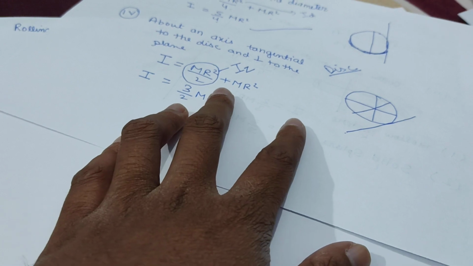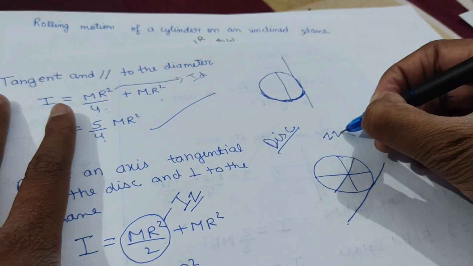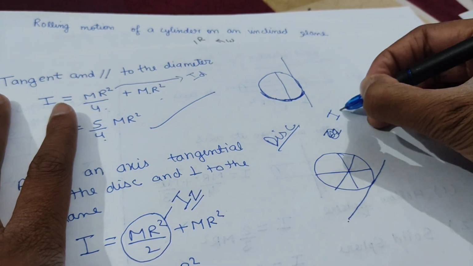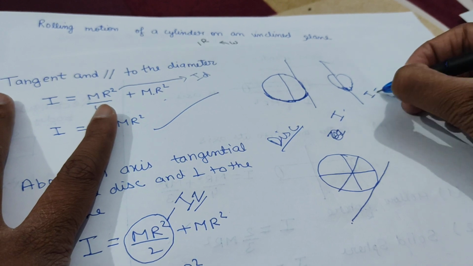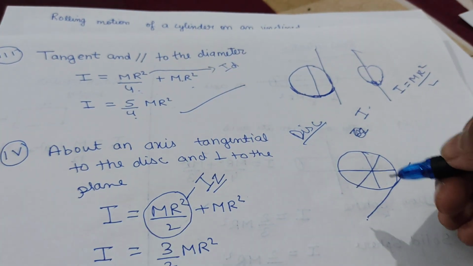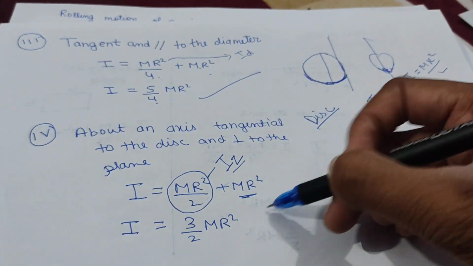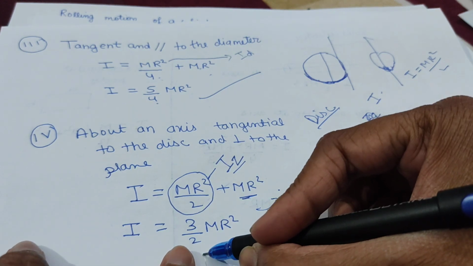This is the fundamental one we had to know: if this is a disc and the axis passes through the center, it has a moment of inertia mr square by 2. So that is mr square by 2 here, and this is mr square, by the parallel axis theorem. We get 3 by 2 mr square.